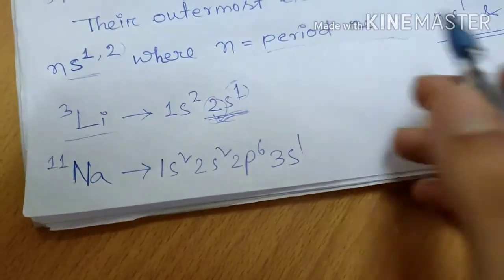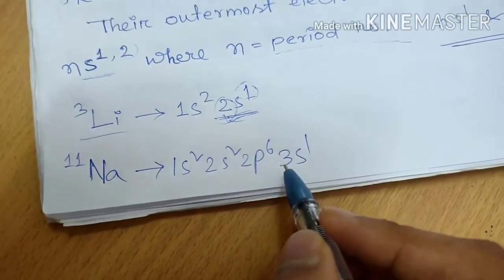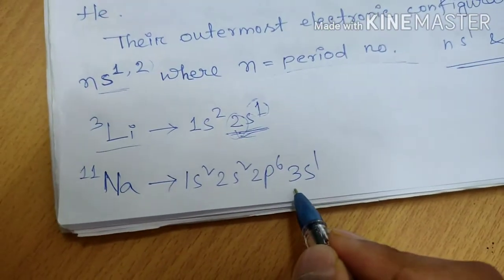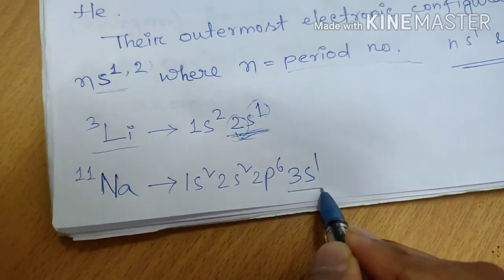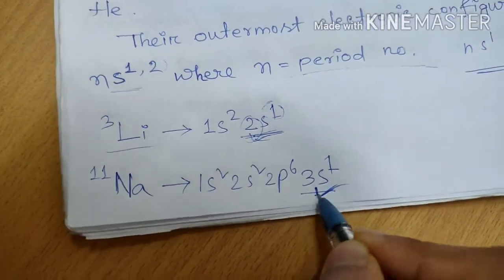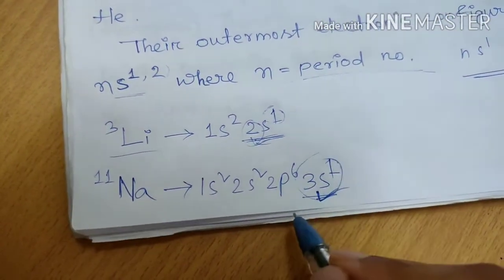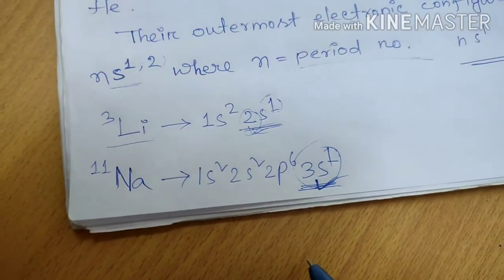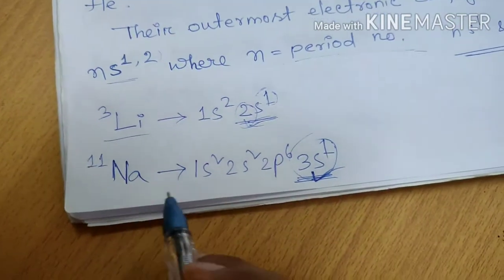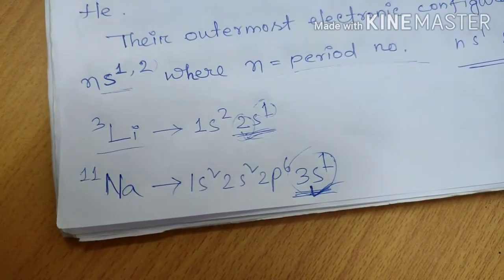You see here also the valence electron of sodium enters the s orbital. So sodium is also an s block element.